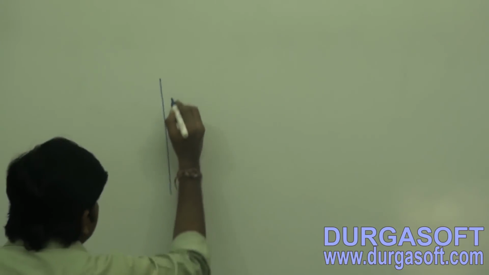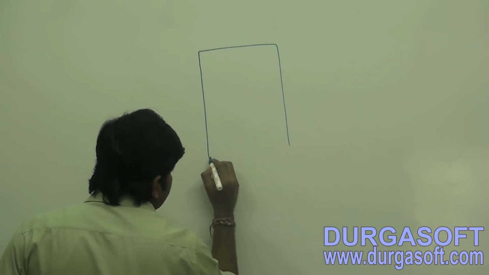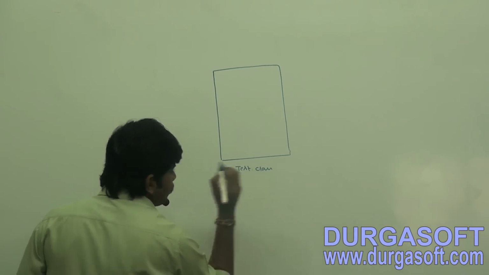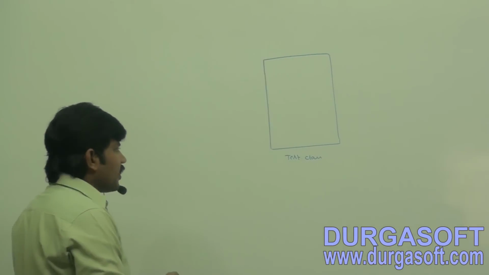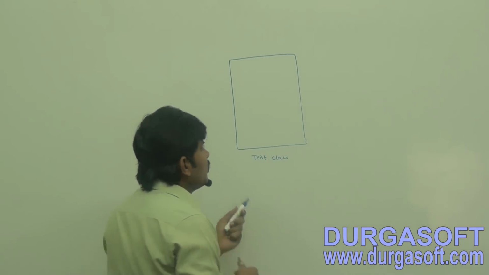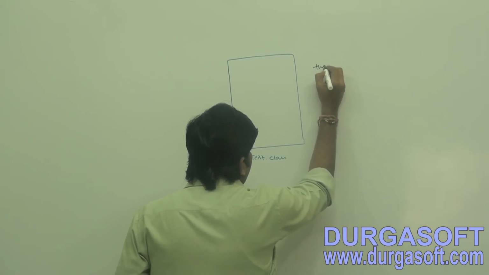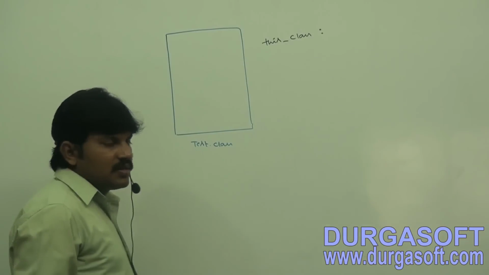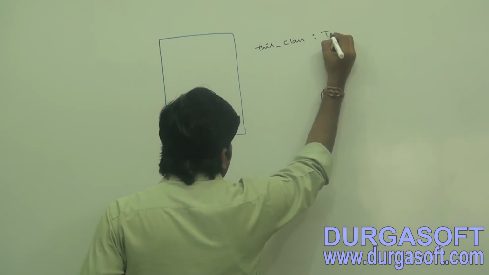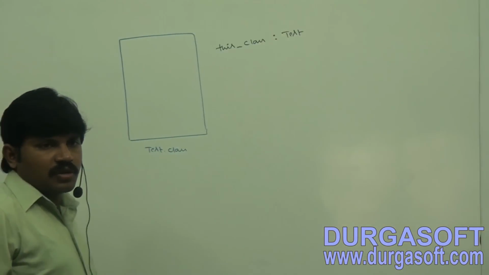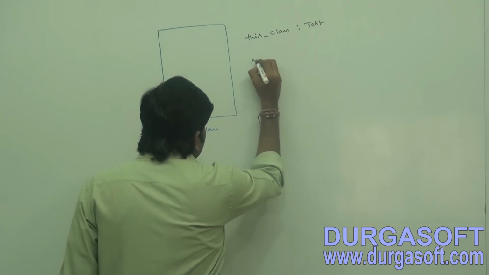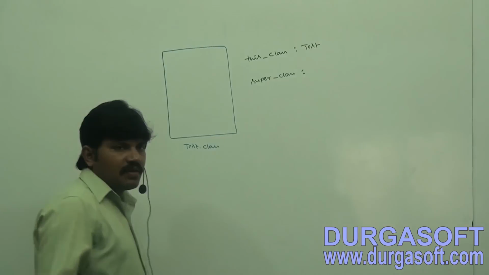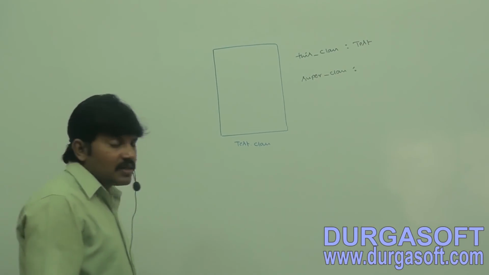Just observe this one. This is my test class, this is the Test.class file. Here, this underscore class, which one is it? Test. Next, super underscore class. Can you tell for Test which one is the super class?